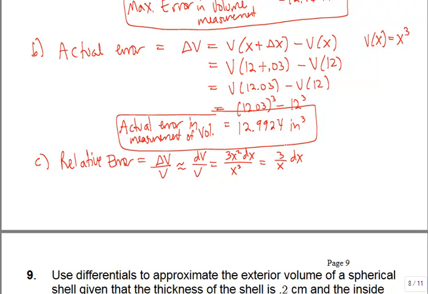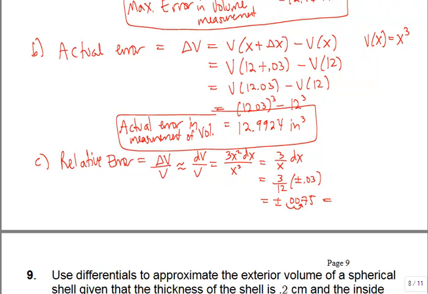And now if we plug in, our x was 12, and our dx was that plus or minus 0.03. So if you punch that into your calculator, that's plus or minus 0.0075. And we want to convert this decimal to a percent. To convert any decimal to a percent, you move that decimal 2 spots to the right.